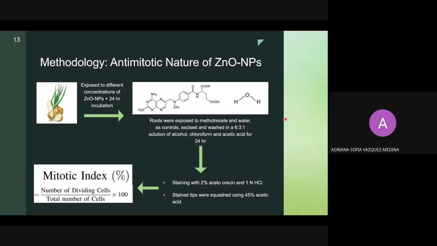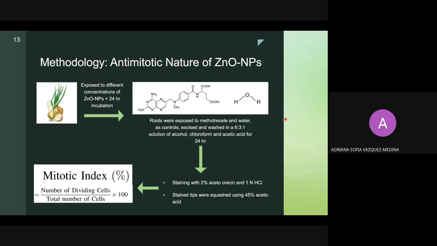It has been reported that they are a great model to model the cytotoxicity of compounds. They also submitted the onions to exposure with methotrexate and water, which were acting as controls. Though that is the structure of methotrexate, that is a commonly used anti-cancer agent, and water.